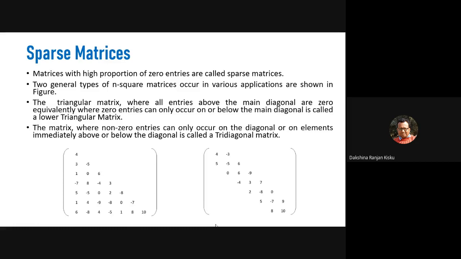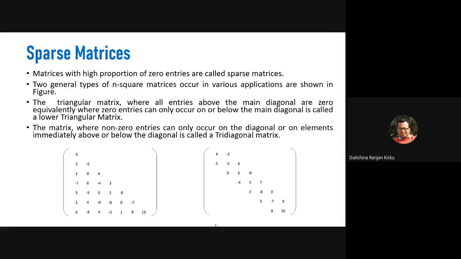Now we can have the other type of matrix which we call the sparse matrices. In the sparse matrices, the maximum number of elements will be found to be 0. Matrices with a high proportion of 0 entries are called sparse matrices. Now there are two general types of n square matrices which occur in various applications.